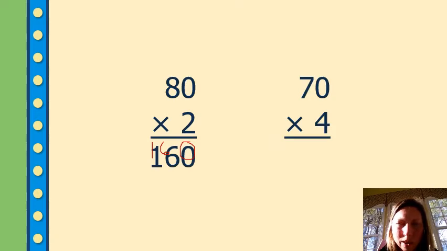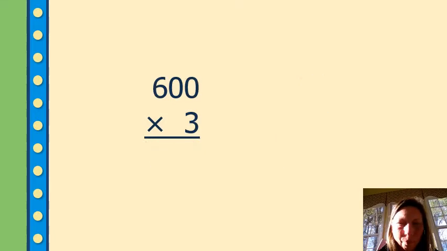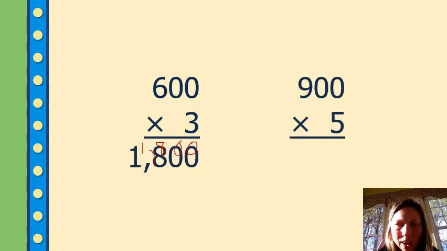70 times 4. Bring down the 0. 7 times 4 is 28, which equals 280. 600 times 3. Now we have two zeros, and then 6 times 3 is 18. So that makes it 1,800. 900 times 5, bring down those two zeros, because 0 times 5 is 0, 0 times 5 is 0, and 9 times 5 is 45.